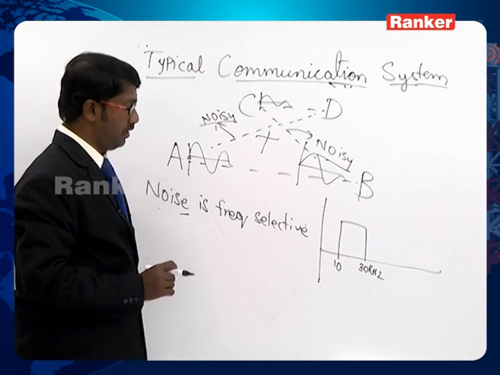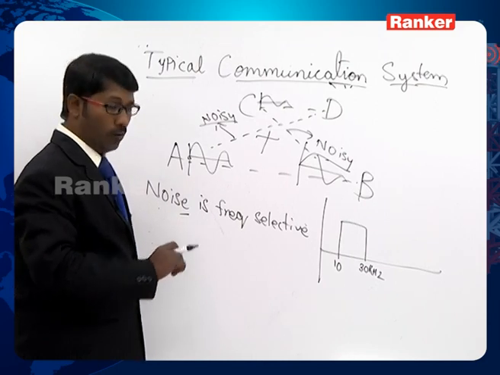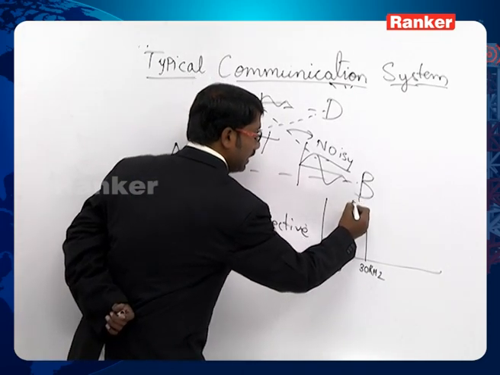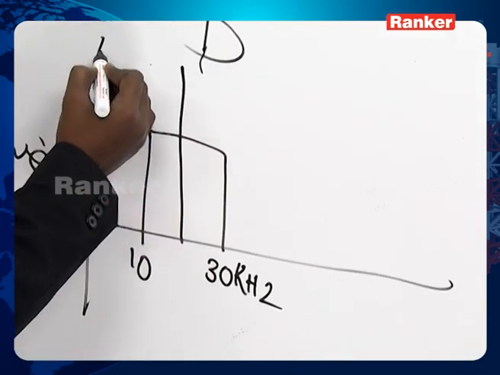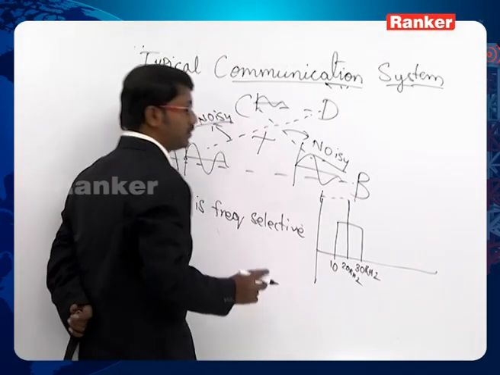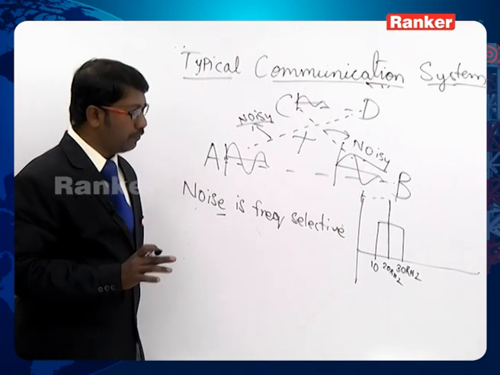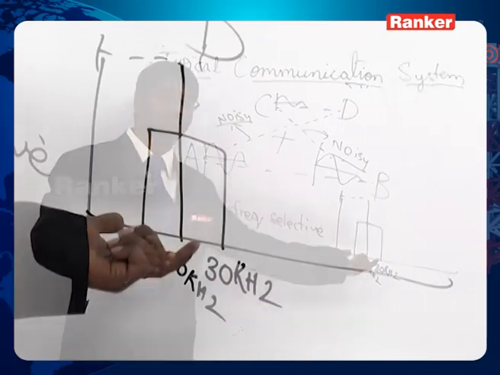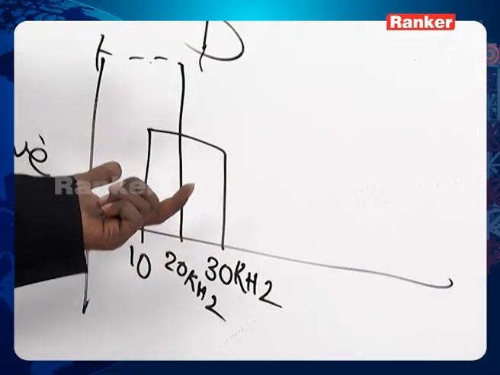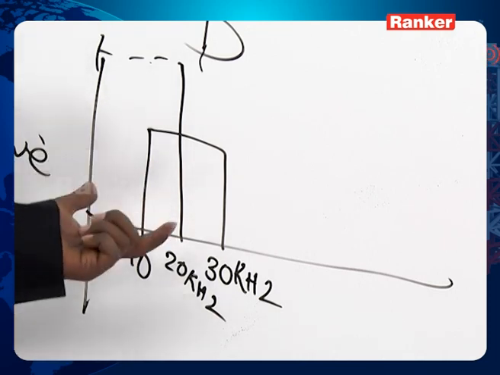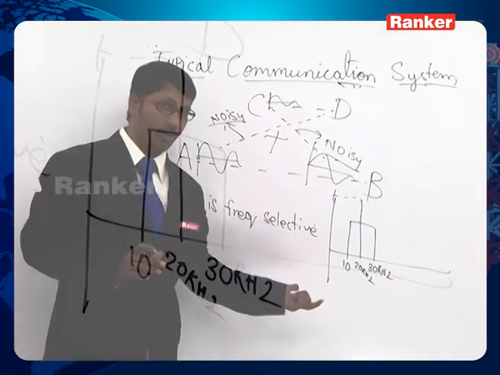And now let me assume that the noise has a dominant peak at 20 kilohertz. So in this case, the majority of your message signal is being influenced by this noise peak at 20 kilohertz, because it is disturbing most of the signal in that bandwidth.